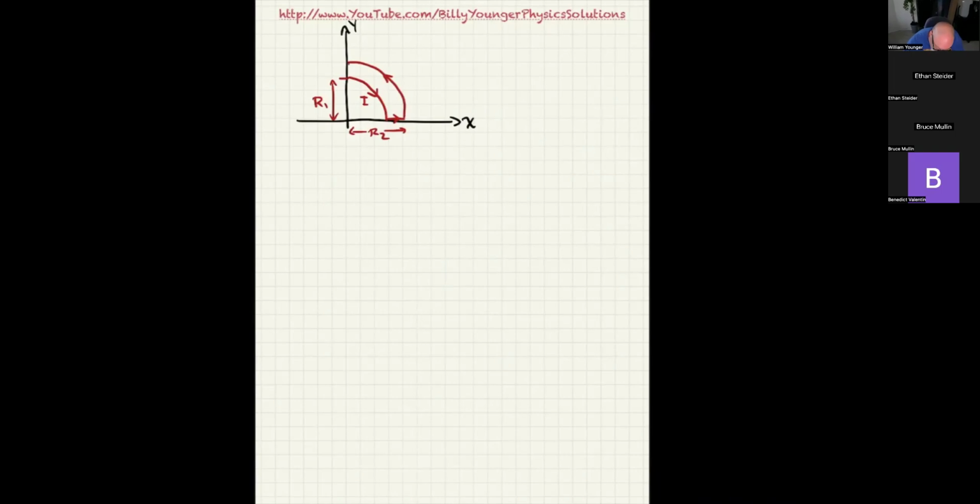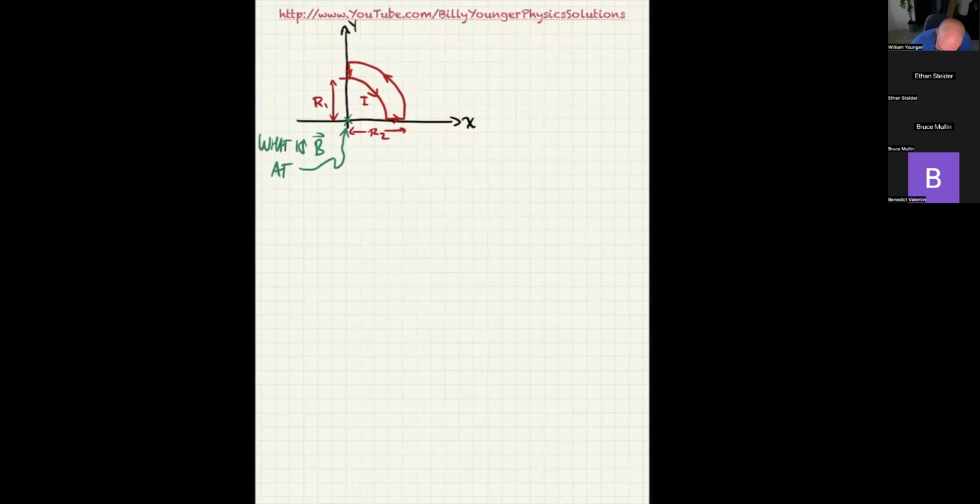And then it's going to hang a left again and go this way. Okay. And what I'd like to know is, what is the magnetic field at that point?